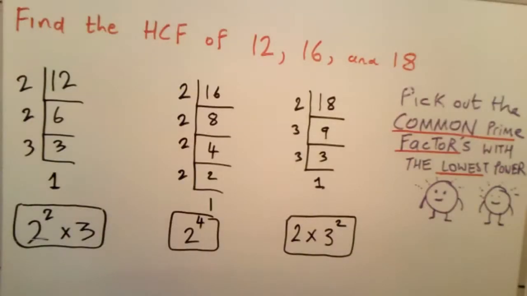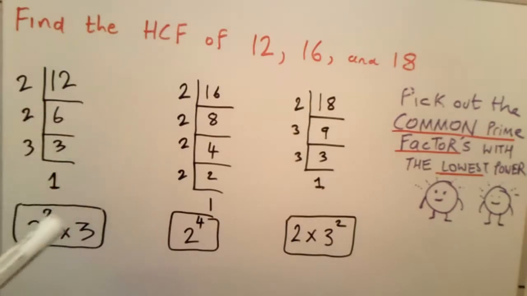Okay, in this example we're going to find the highest common factor of numbers, but now we're going to be using the prime factors instead of writing down all the lists that we could have done. Now basically we've found the prime factors of our numbers.